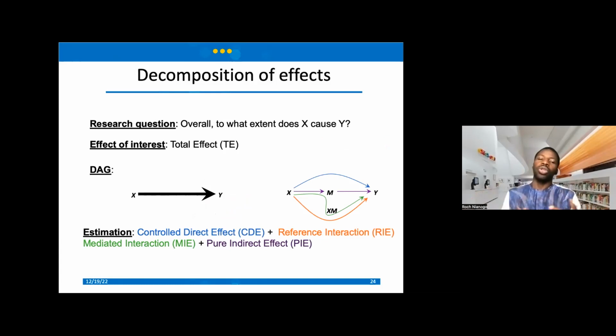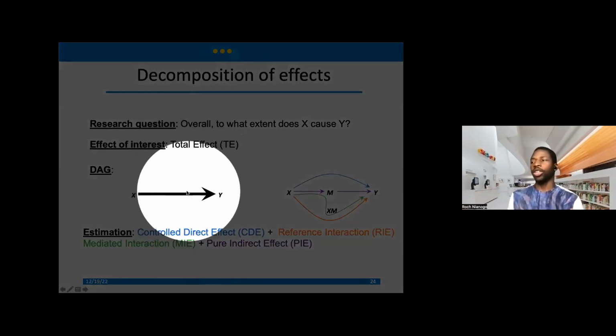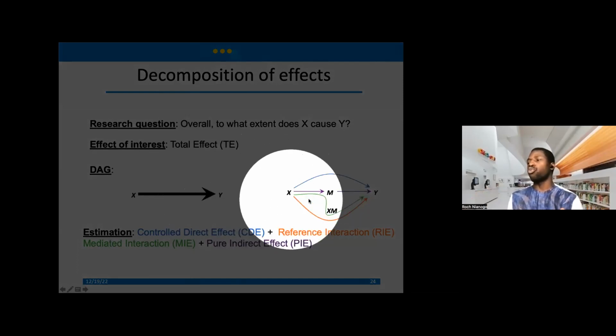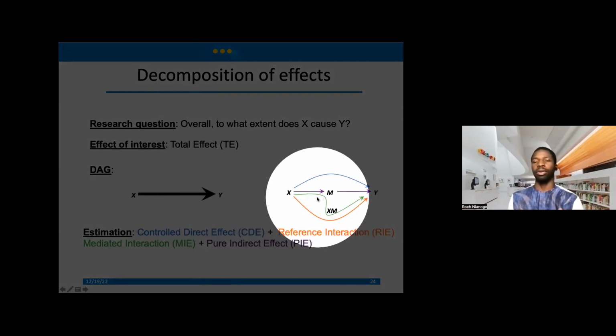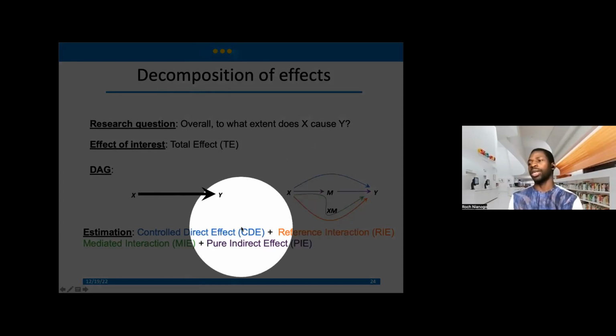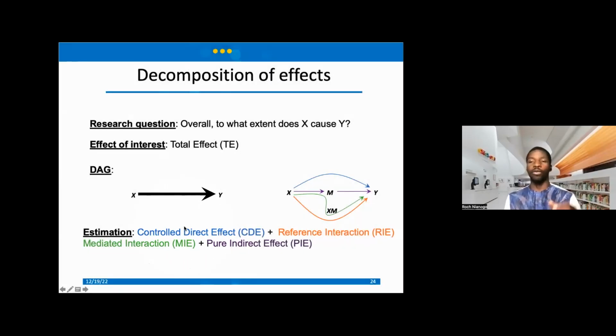So basically, if we ask the question, to what extent does X cause Y? To what extent does adverse childhood experience cause some difficulties in cognitive function? So here we could see that one could be interested in just that total effect, but we could also see that we can break that down into multiple effects, like the 4 basic effects that we see here: the controlled direct effect, where we fix the mediator to be the same for everyone in the population, the reference interaction, the mediated interaction, as well as the pure indirect effect, right?